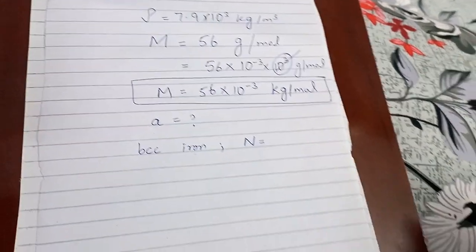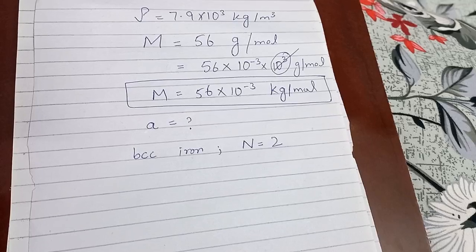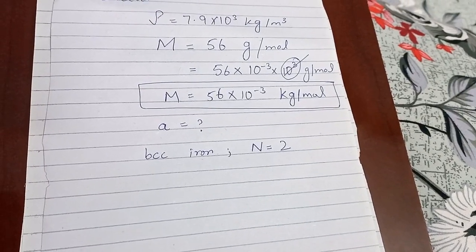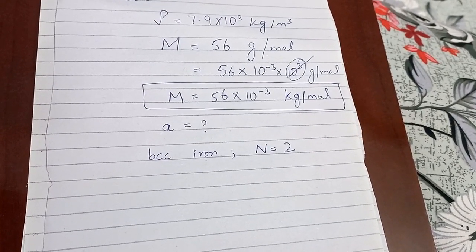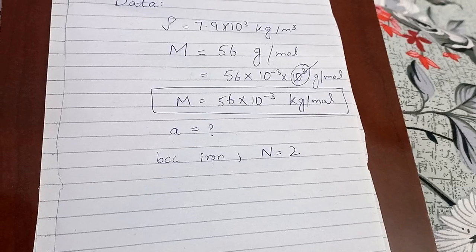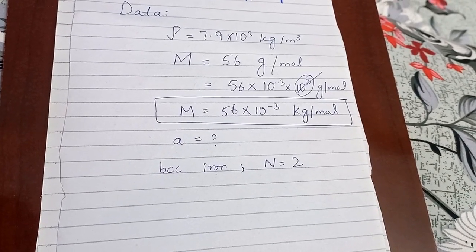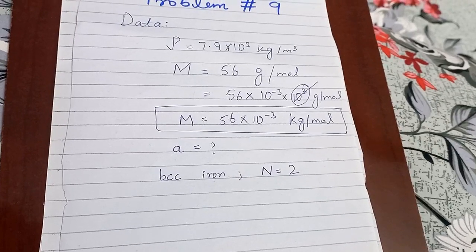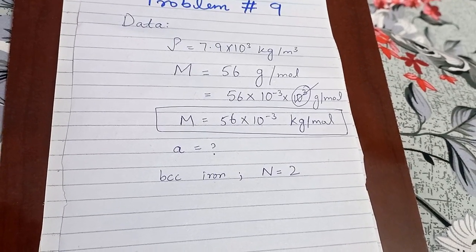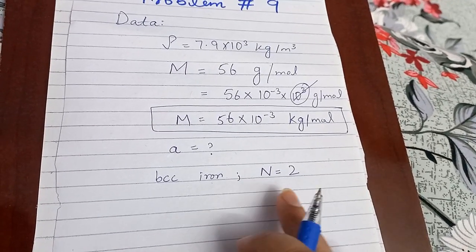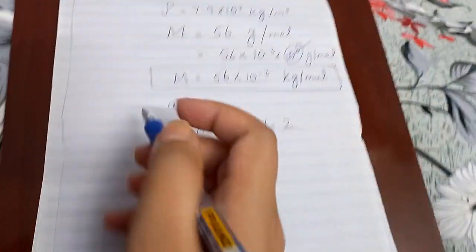In BCC, there are 2 atoms per unit cell. In FCC, face centered cubic, there are 4 atoms per unit cell, and in simple cubic there is 1 atom per unit cell. This is information that is derived from the type of structure the element has. So for BCC iron, capital N will be taken as 2.